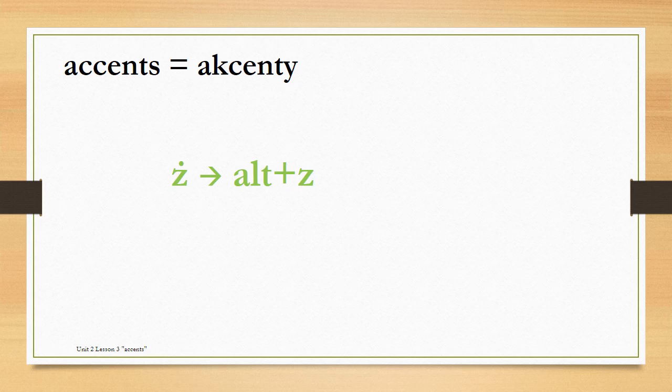So Alt plus z results in ż, and in order to write the letter ź, you need to press Alt plus x. That's just a fun fact to end the lesson.